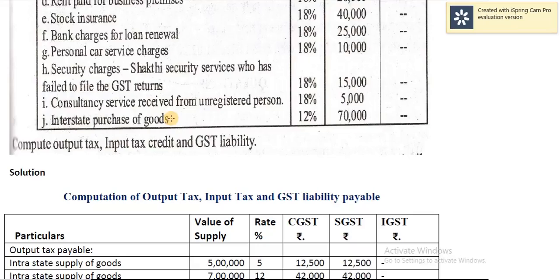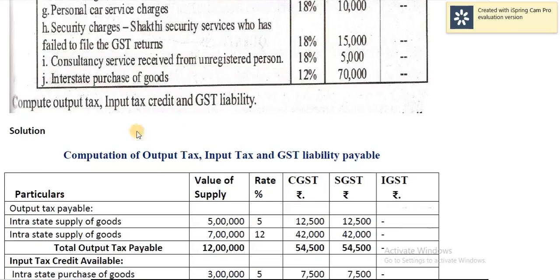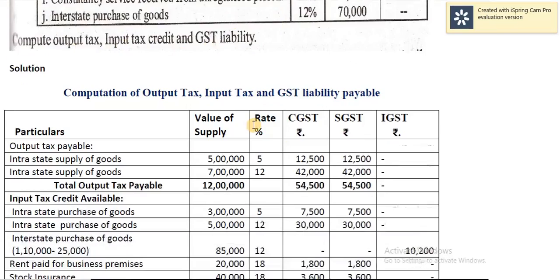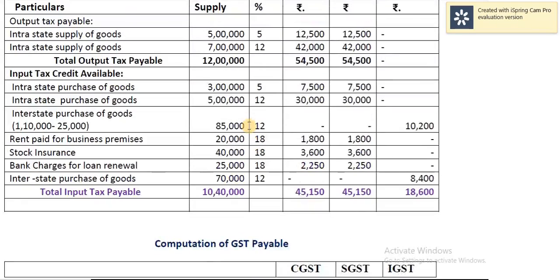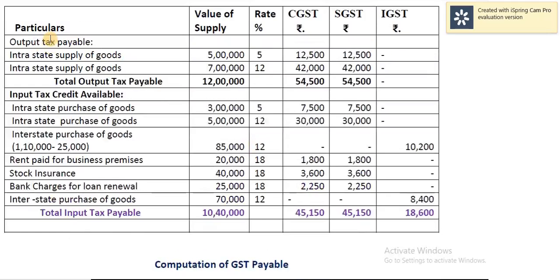Interstate purchase of goods, and you know very well that you have to calculate 12% IGST on 70,000. Okay, let us see the output tax, input tax, and GST liability. Output tax payable should be calculated first.